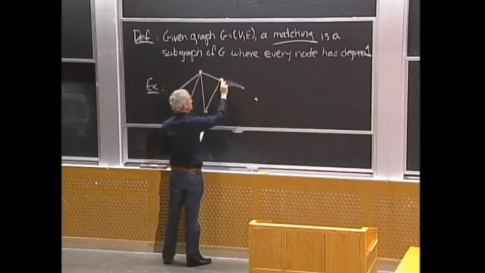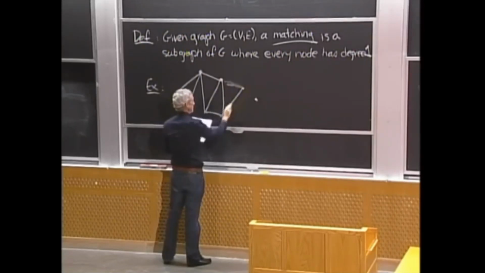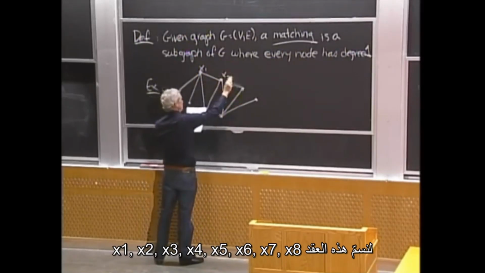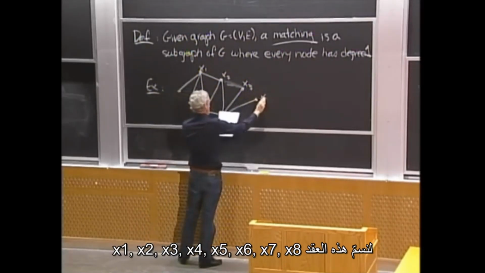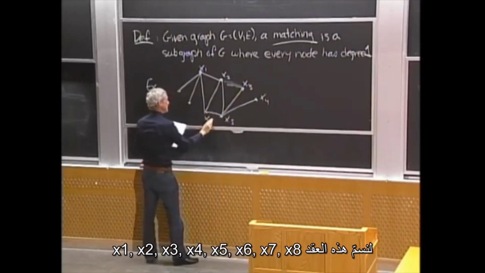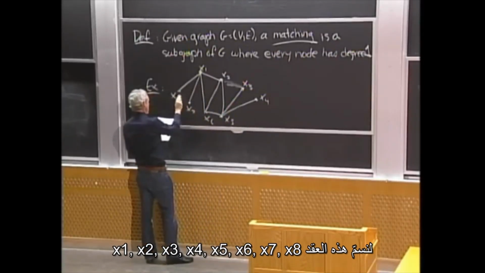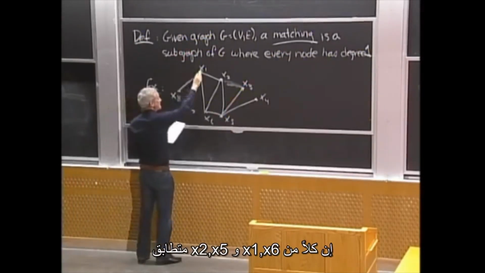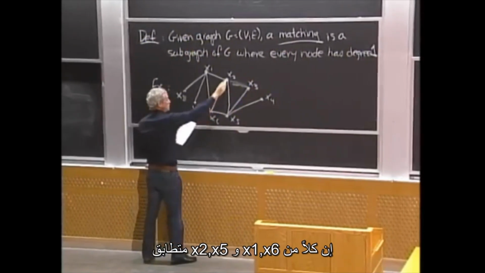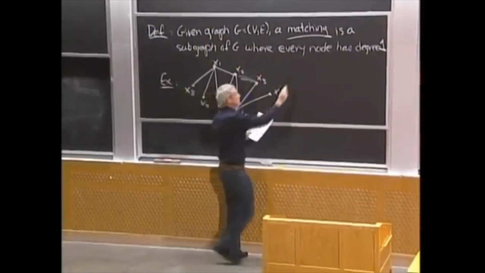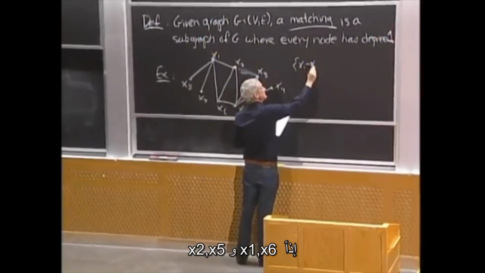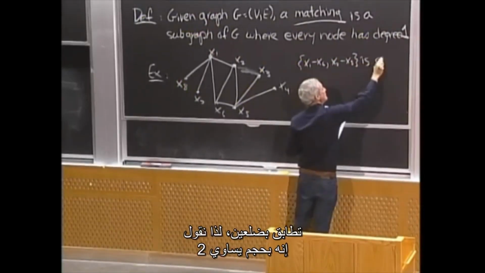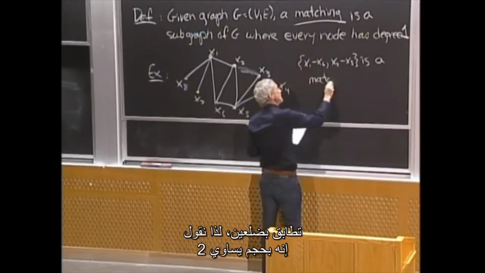So let's draw an example. All right, let's label these nodes x1, x2, x3, x4, x5, x6, x7, and x8. Now, x1, x6 and x2, x5 is a matching with two edges, so we say it has size 2.